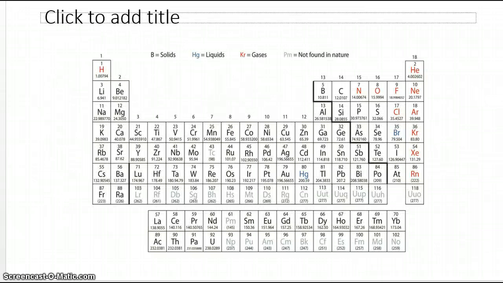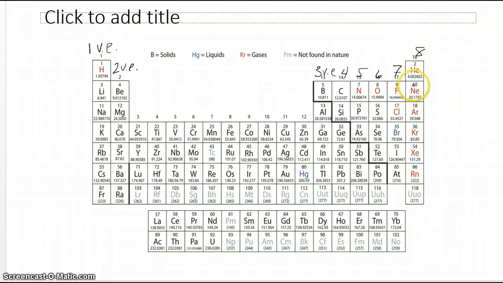So just a quick reminder on the periodic table. Remember when we did our activity that the first column has 1 spike. That tells you you have 1 valence electron. I'll just write VE. Here we have 2 valence electrons. Here we have 3 valence electrons, 4, 5, 6, 7, and 8.